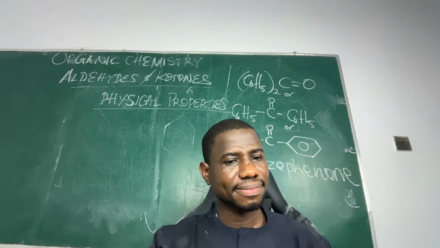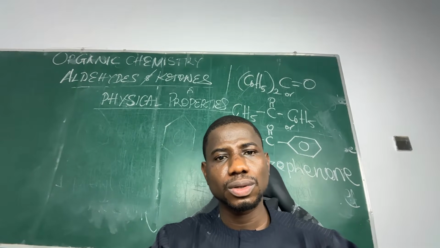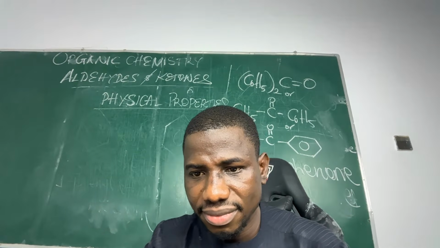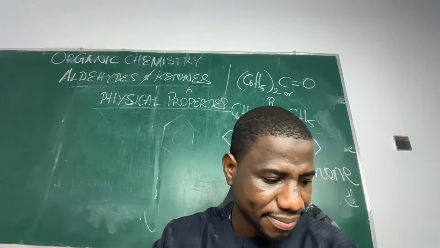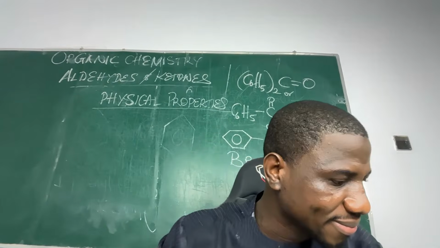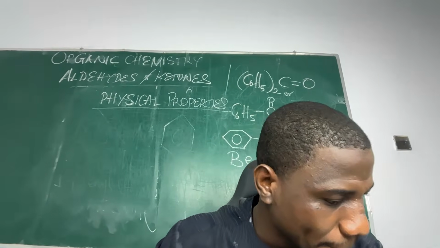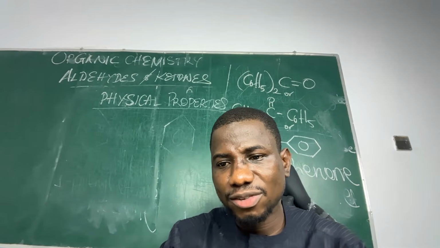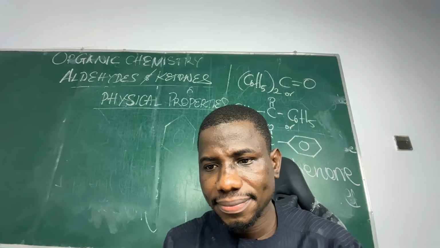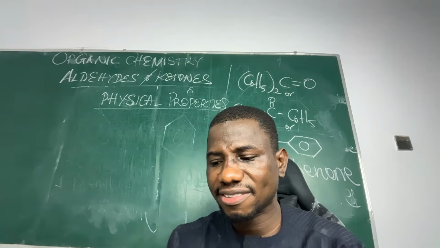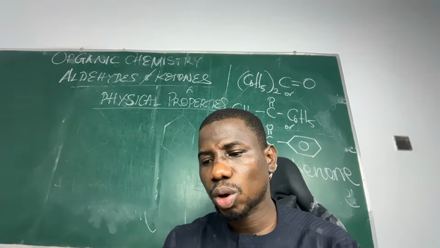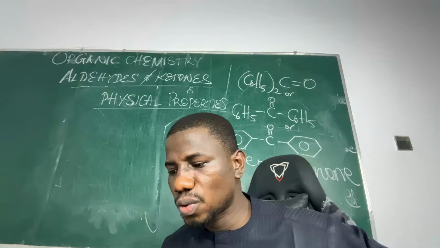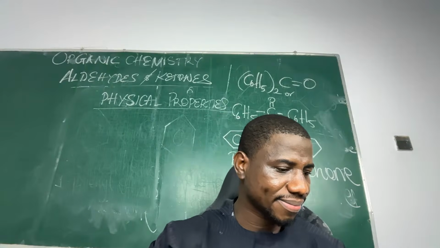Have you gotten that? It's a useful organic solvent. Remember, I say that they are soluble in water. And I say that the simplest alkanone called propanone is a colorless liquid and it's a useful organic solvent, right?